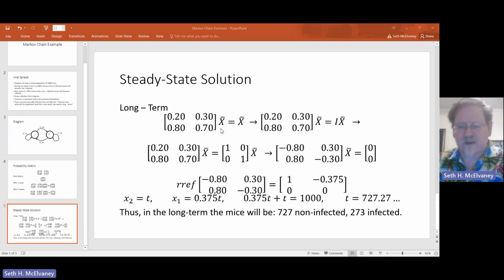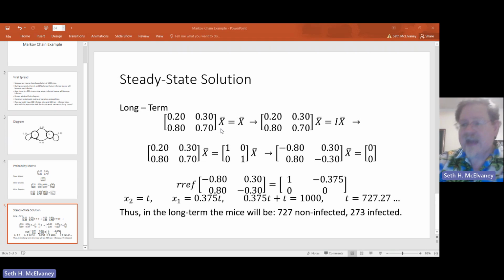It's some vector. We don't know what the components are, but we do know that we want the result to be that steady state matrix. So I want to have my transition matrix times X bar equal X bar. Kind of an odd equation to solve here. We've got to remember we're dealing with matrix algebra.